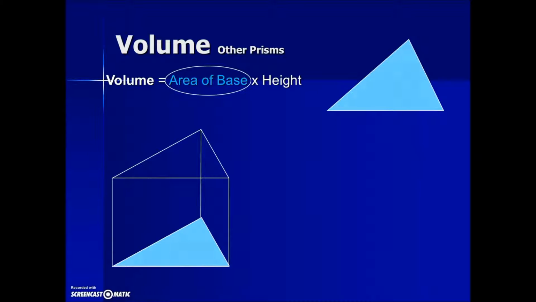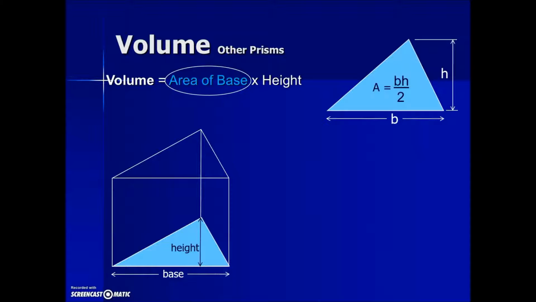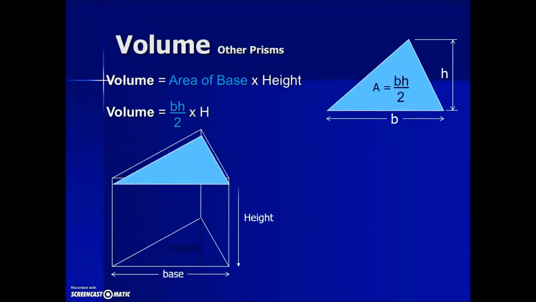To find the area of the base, then, we'll use the formula for the area of a triangle: base times height of the triangle divided by 2. That will give us the area of the base. And then to find the volume, we'll multiply by the distance between those two bases.